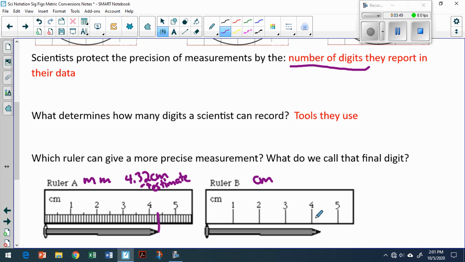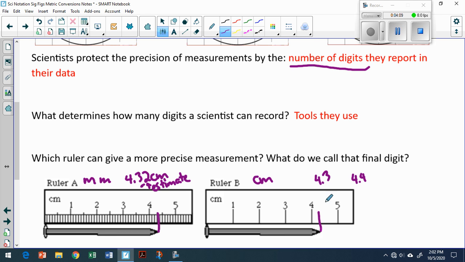Now, when we look at ruler B, I don't have that reference line of the millimeters. So when I eye it up, I might say 4.3, but it wouldn't maybe be out of the realm for someone to say 4.4 or 4.2.